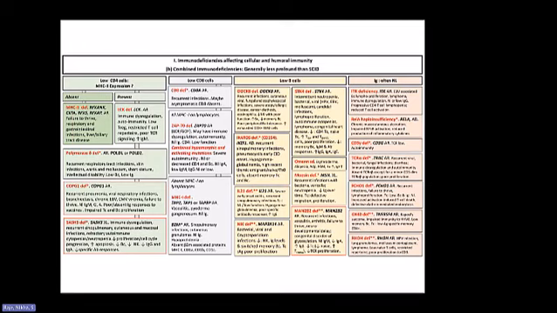LCK defect can have a similar presentation with low CD4 cells, versus ZAP70, which presents with low CD8 cells. As compared to low CD4 cells caused by MHC class 2 deficiency, MHC class 1 defects will lead to low CD8 cells.